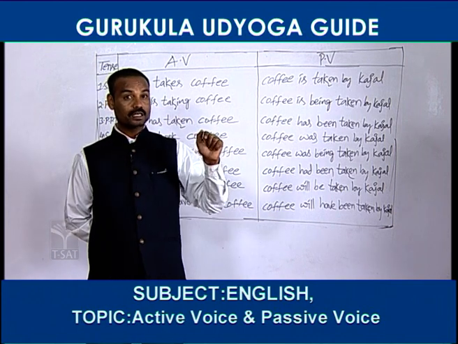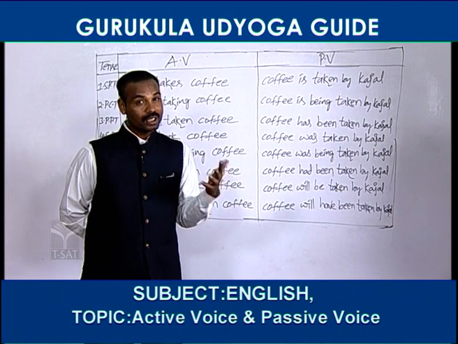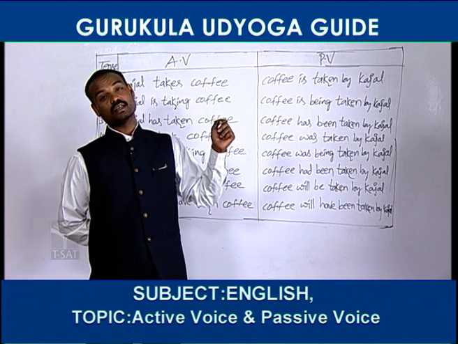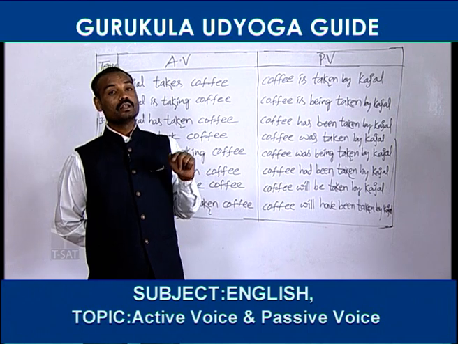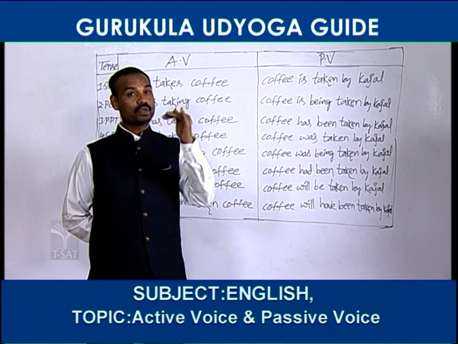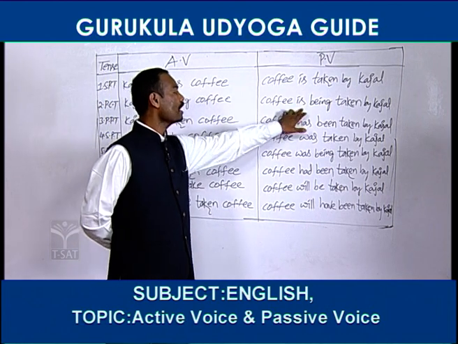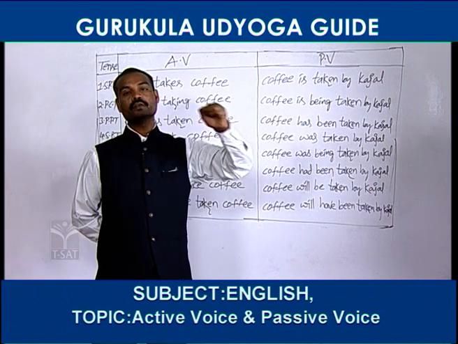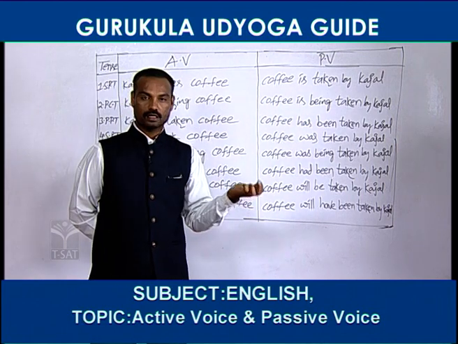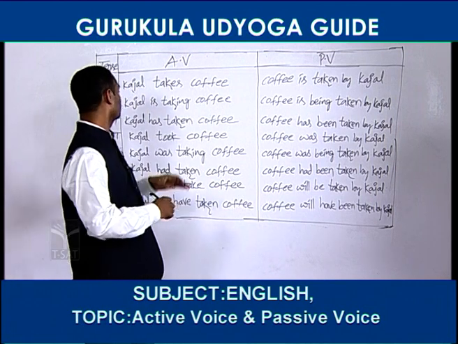Is is the helping verb. Can we take that helping verb as it is? We can take it, but a plural object is there. How can we take is? It should be changed into the plural form. Are. Fruits are. Next, the rest of the words are common. Fruits are being eaten by Kajal. So like that. One more example.